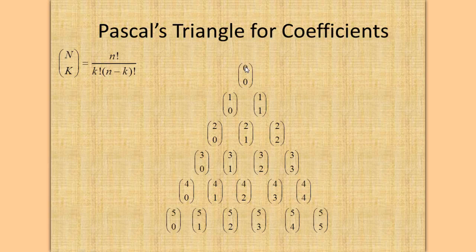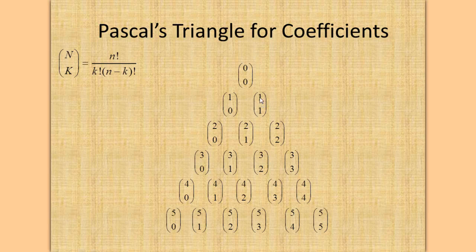N choose k, when 0 over 0 equals 1. 0 factorial divided by 0 factorial times 0 minus 0 factorial is equal to 1. When 1 choose 0, and n choose k, if n is 1 and k is 0, that comes up to 1.